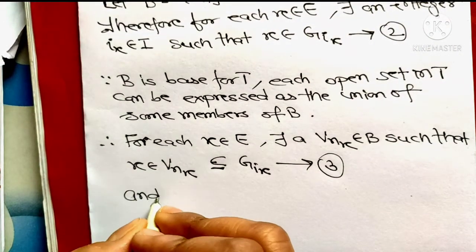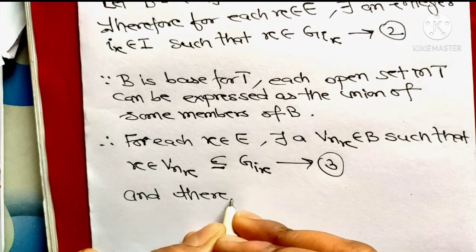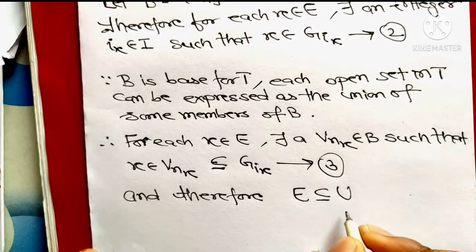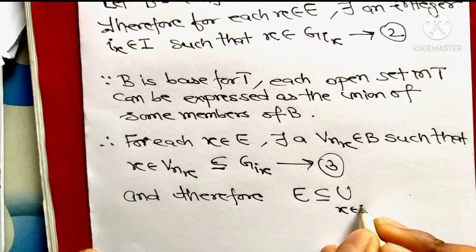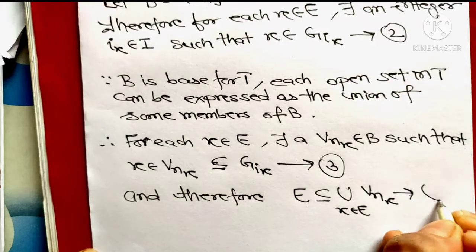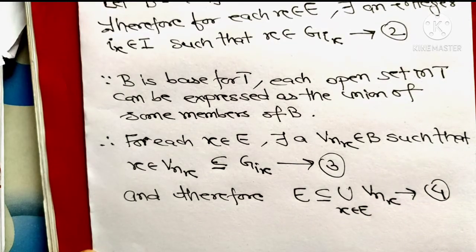And therefore E is a subset of the union over x belongs to E of V_{n_x}. Call it equation 4.